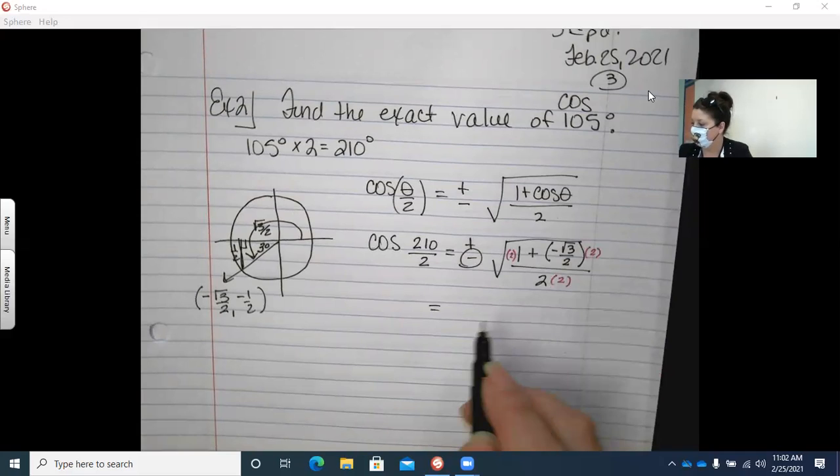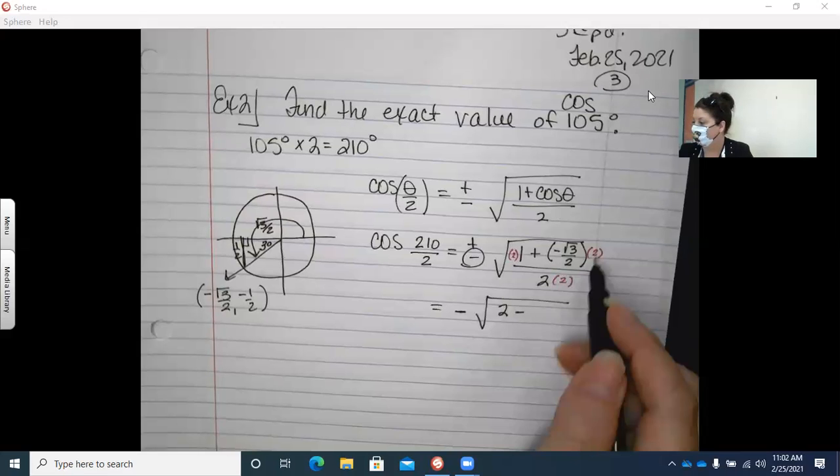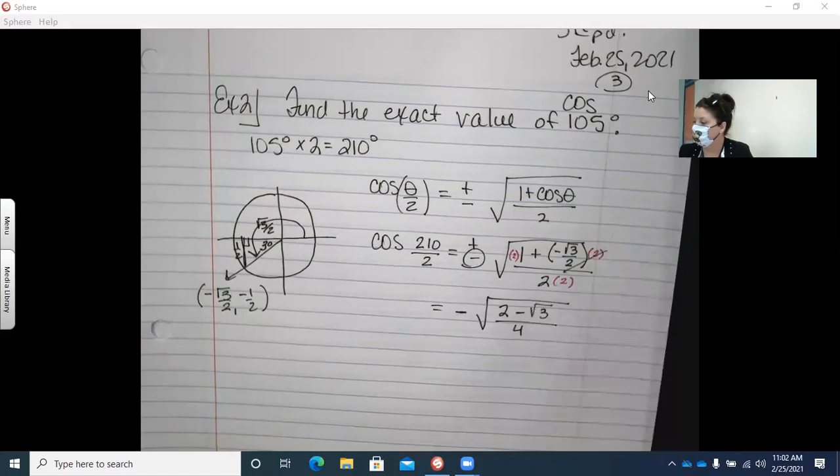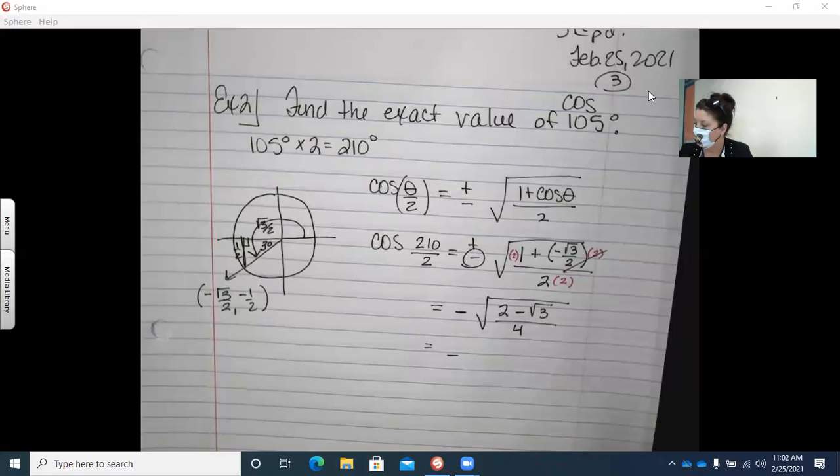The 2's are going to cancel out, and I'm going to have the square root of 3 all over 4. Now, if I wanted to write the square root over every little part, no, you can't do that. Never mind. So equals negative. Can I take the square root of 2 minus the square root of 3? No, that's not a perfect square. How about the square root of 4? It is 2, right? So I'm not going to have a radical in the denominator. The numerator is going to be the square root of 2 minus the square root of 3.